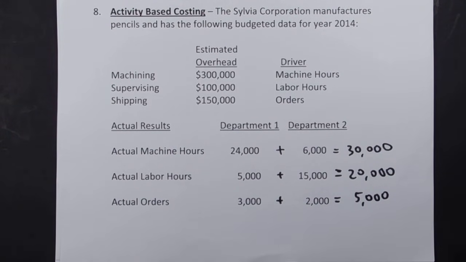So machine hours, 30,000, labor hours, 20,000, orders, 5,000. So those are the numbers we're going to use to split up our overhead costs.